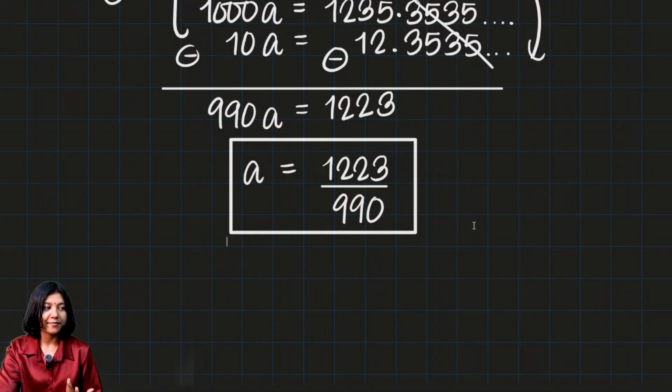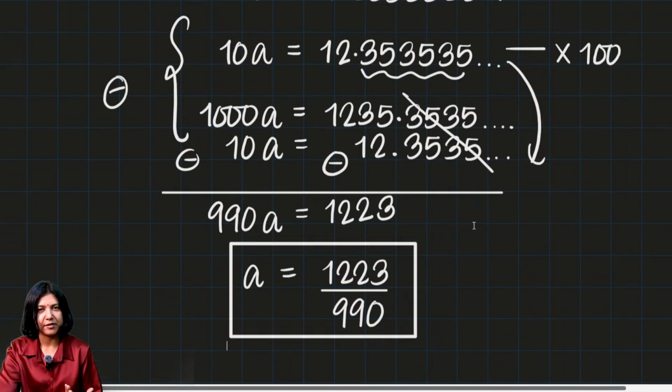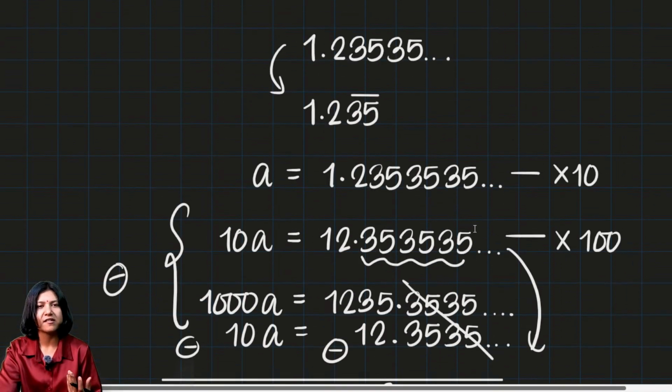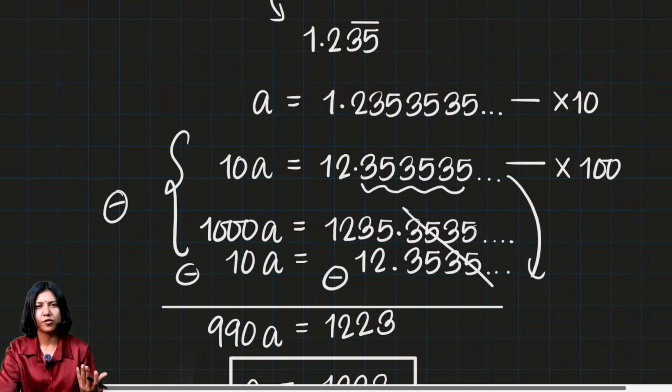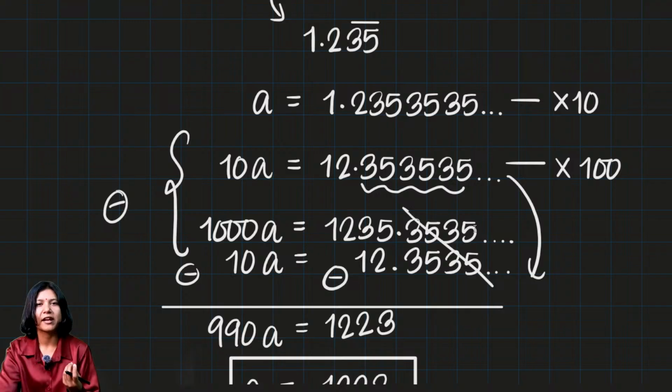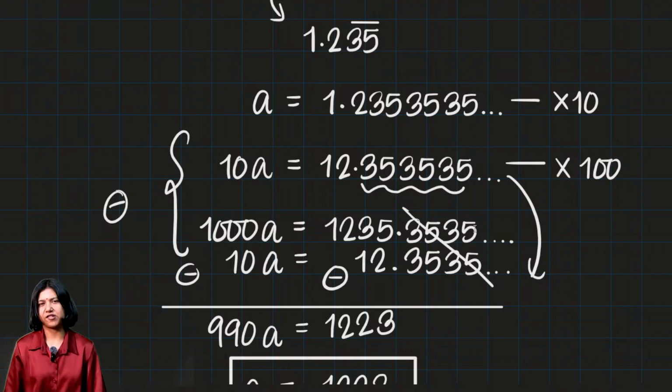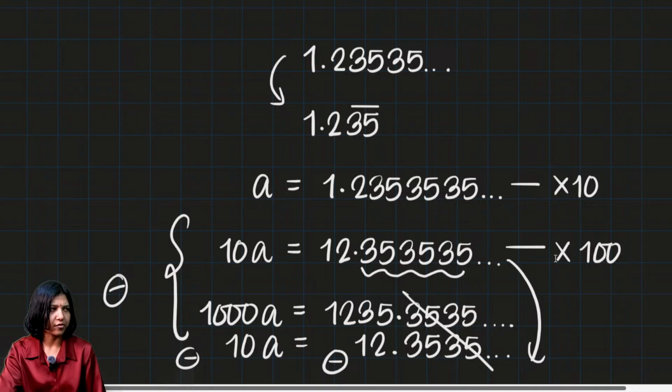And the technique is very simple. If you have some non-repeated digits, then I really suggest you go in two steps like this. You want to get rid of the non-repeated decimal first, and then you take the whole repeated decimal as one unit and multiply by that multiple of 10 containing exactly that many zeros.